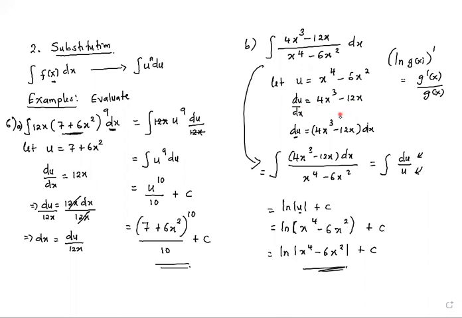So you cross multiply. You're going to have du is equal to 4x to the power 3 minus 12x in brackets multiplied by dx. But if I go back to my integral, I'm able to rewrite it in this form over this. But this is what we have here.